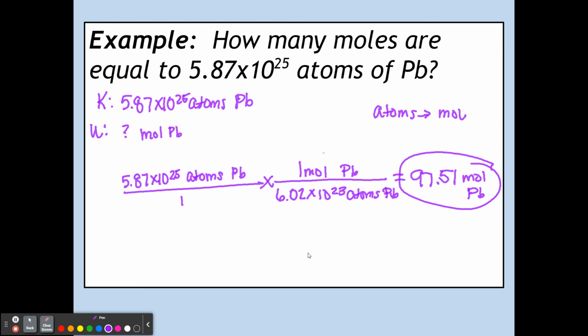So you're always going to use this conversion factor. Just depends on what is up here. If atoms is up here, our large number goes on bottom. If moles is up here, our large number is going to go on top.